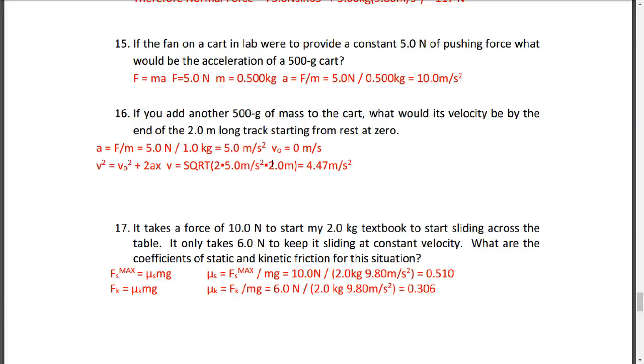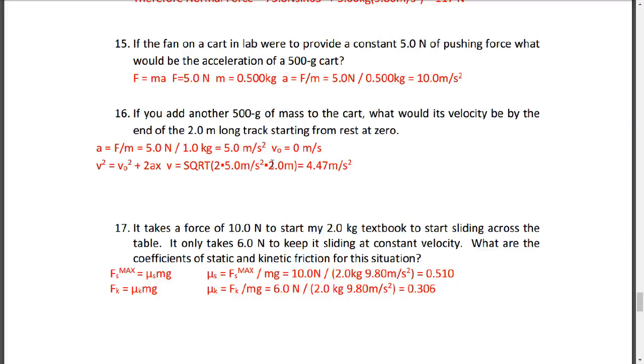So force equals ma, force is 5 newtons, mass is not 500 grams, but 0.5 kilograms. That's 500 times, there's going to be 1,000 grams in 1 kilogram, so I get 0.5. And then I say acceleration equals force divided by mass, and I get an acceleration of 10 meters per second squared.